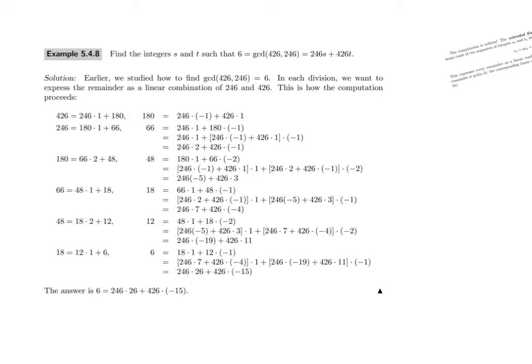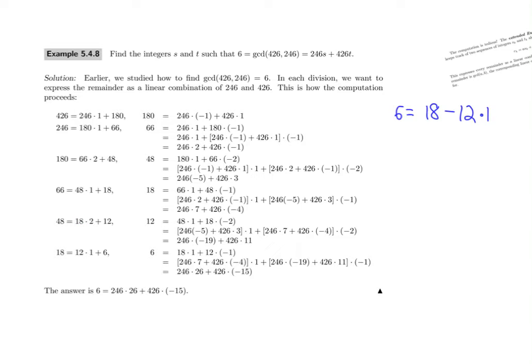The same pattern applies. We start with 6. We notice that it's 18 minus 12 times 1. We then use the next equation above it to solve for 6 in terms of 18 and 48.